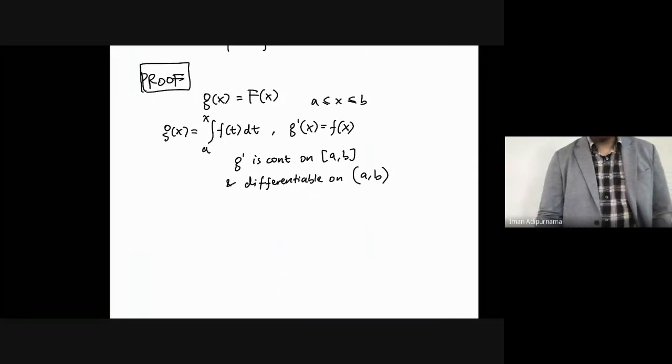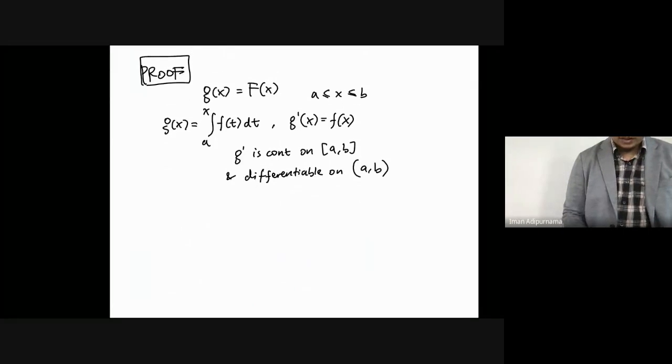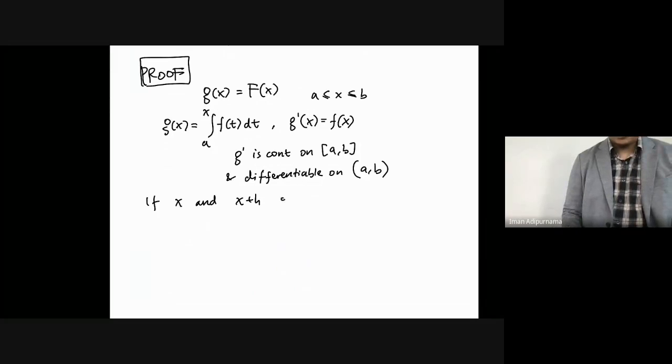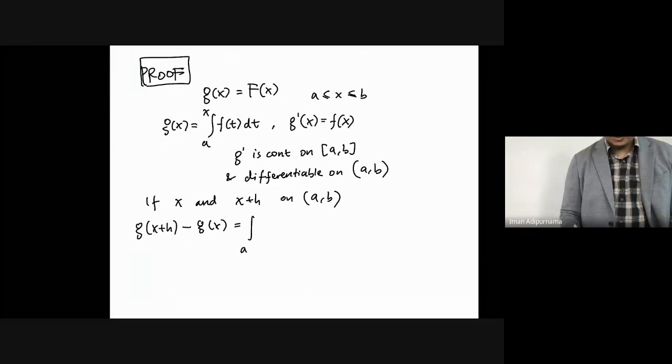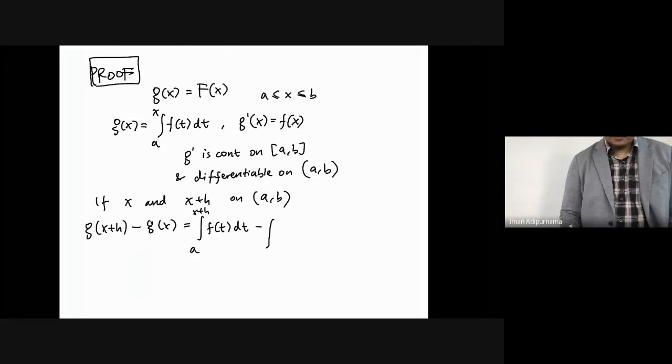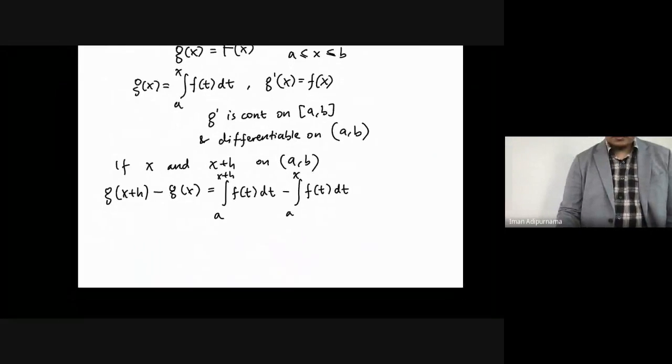So proof. If x and x plus h are in [a, b], then G(x plus h) minus G(x). This will be the integral from a to x plus h. Okay, let's write one by one.